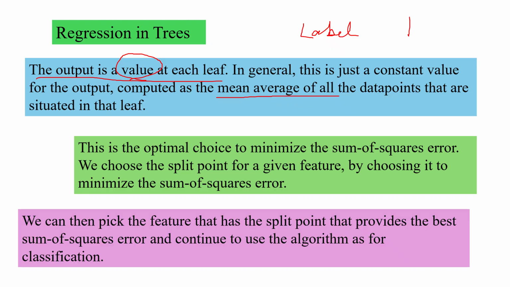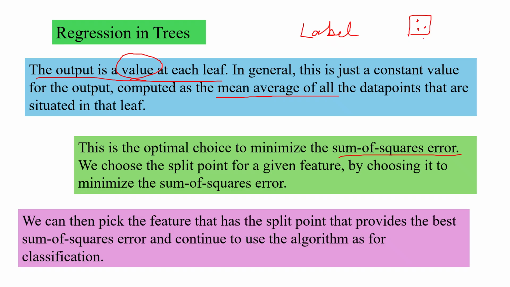A leaf would have several data points, each having its own value, so the overall value would be the average. We'll shortly see an example in the next slide. So we are making this our optimization function. The lesser the sum squared error, the better is the splitting value or the splitting feature.